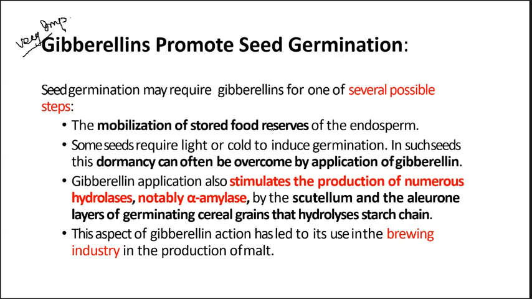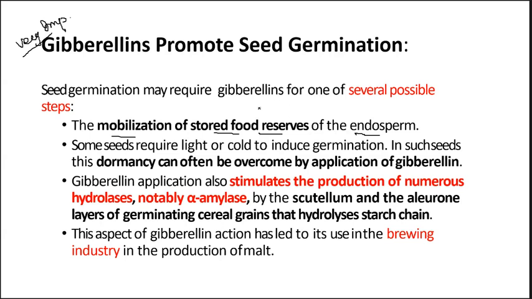When the seed germinates, that starch must be converted to glucose, because starch cannot be used directly. For usable sugar, glucose must be formed. So what happened? Mobilization of the stored food reserve. Stored food reserve first will be broken down into simpler forms. Where are the food reserves stored? They are stored in the endosperm.